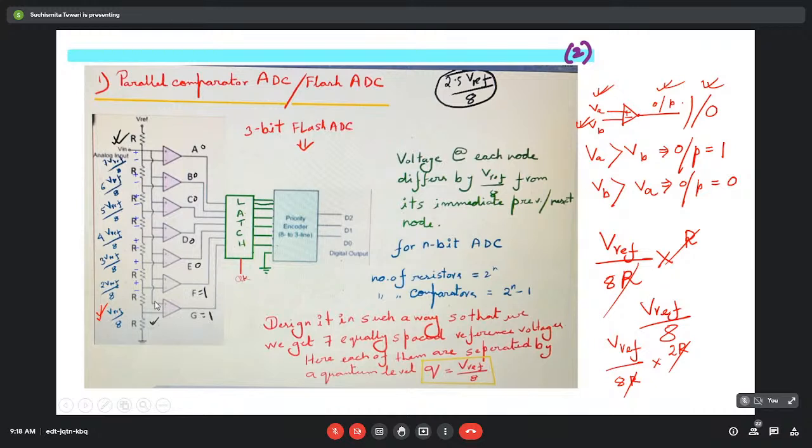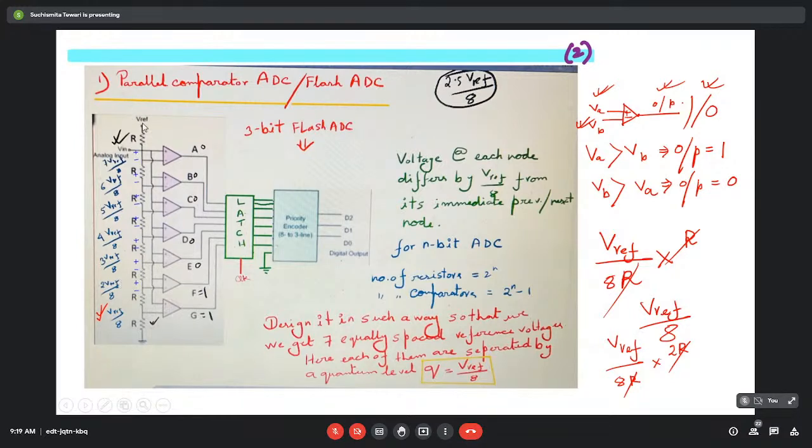If V in is greater than V reference by 8, then the output will be 1. If V in is less than V reference by 8, the output will be 0. Similarly, if V in is greater than 2V reference by 8, the output will be 1, and if it is less than it, the output will be 0.